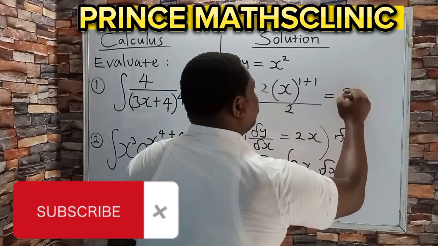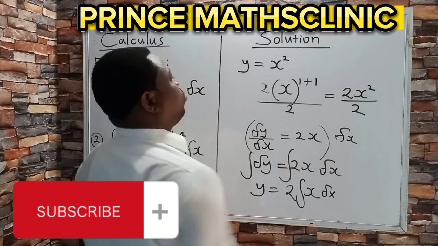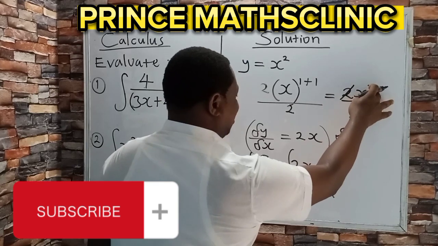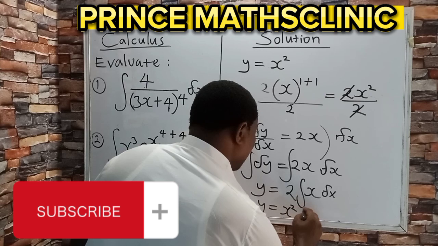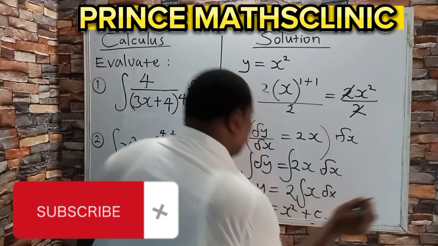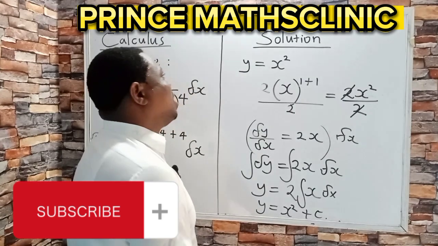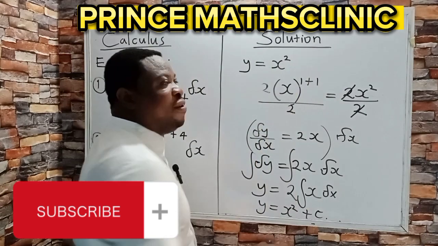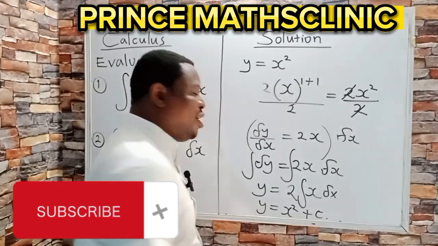Simplifying, this becomes 2x to the power of 2, all divided by 2. Now, 2 cancels 2, and we are left with x squared. So our y is x squared. Then we add a constant because, let's pretend that we don't know that it's just x squared, there could be a constant added to x squared. That is why we add this constant.